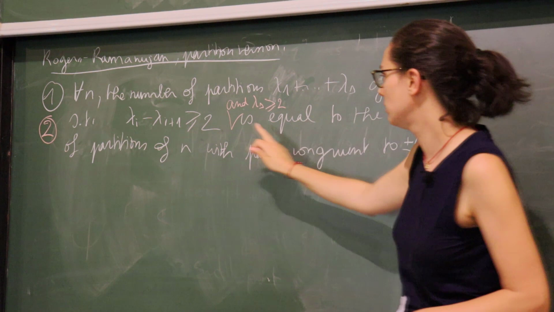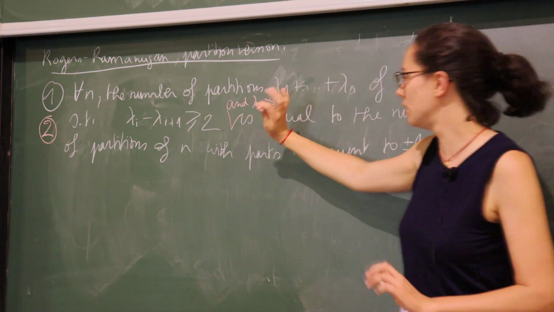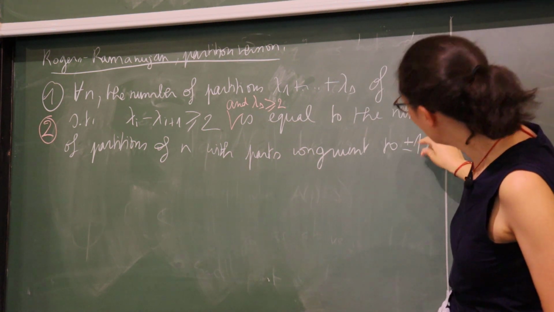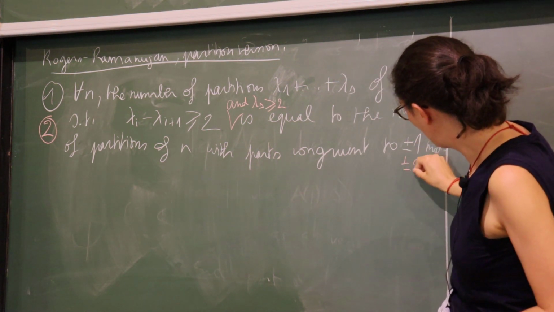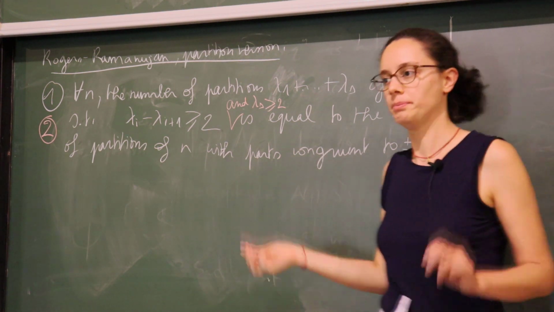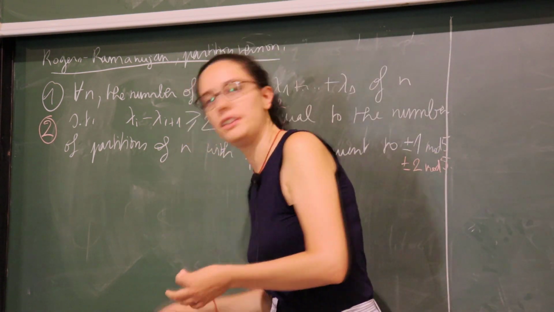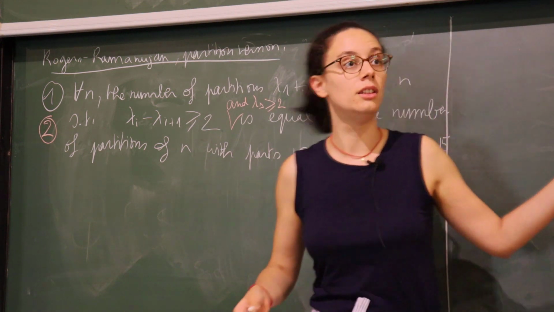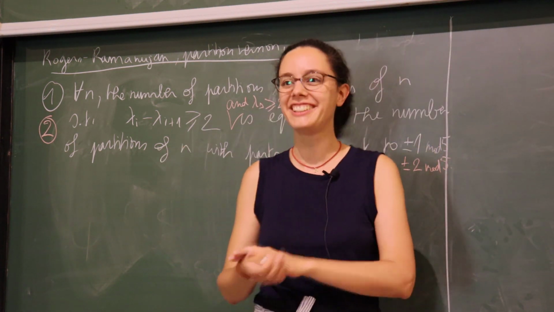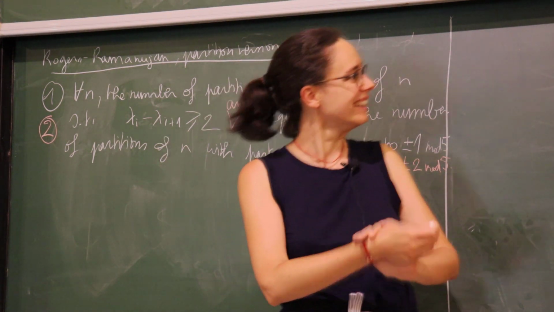And so that's the only change on the left-hand side, and on the right-hand side, it will be plus or minus 2 mod 5. Okay. Yeah. So actually, this identity is quite difficult to prove compared to some other ones. It usually requires more than one lecture, and Can will do it.